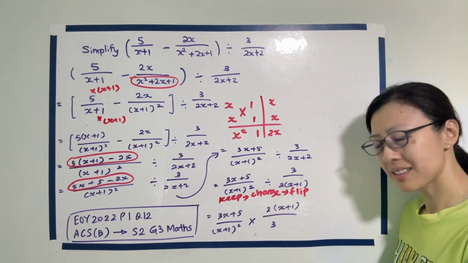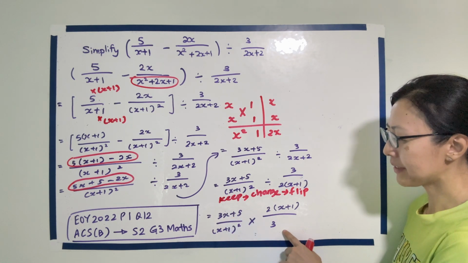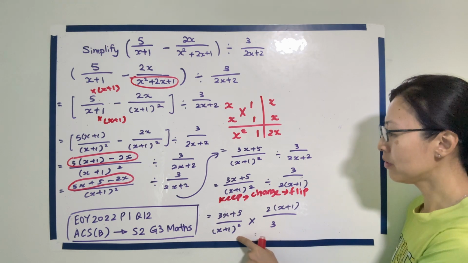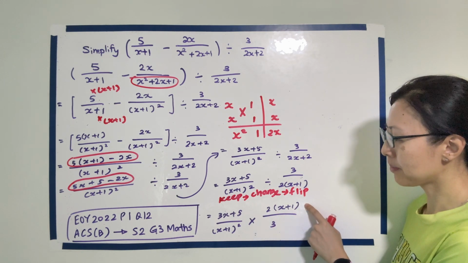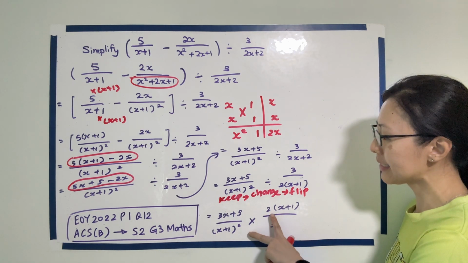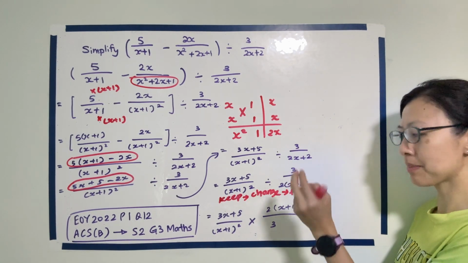Are there common factors? Well, if you look between 3x plus 5 and 3, there is no common factor. But if you look between 2 multiplied by x plus 1 as well as x plus 1 squared, you realize that the common factor here, numerator and denominator, is an entire x plus 1.